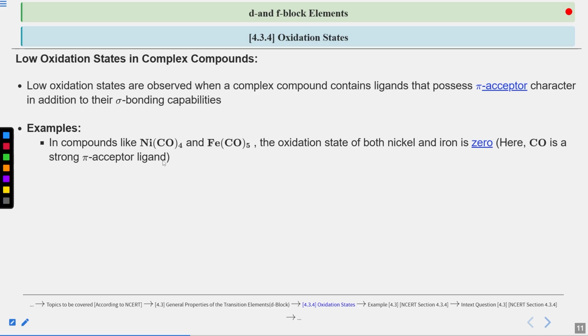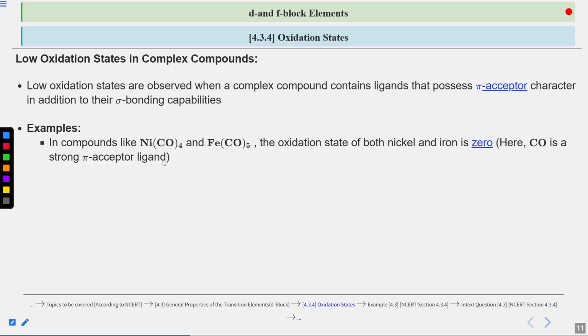We will see this effect in our upcoming lecture on coordination compounds, where we will study the synergic effect shown by the carbonyl ligand. The sigma bond is formed between the metal and the carbonyl ligand by donation of a lone pair of electrons on the carbonyl carbon to the vacant orbital of the metal.